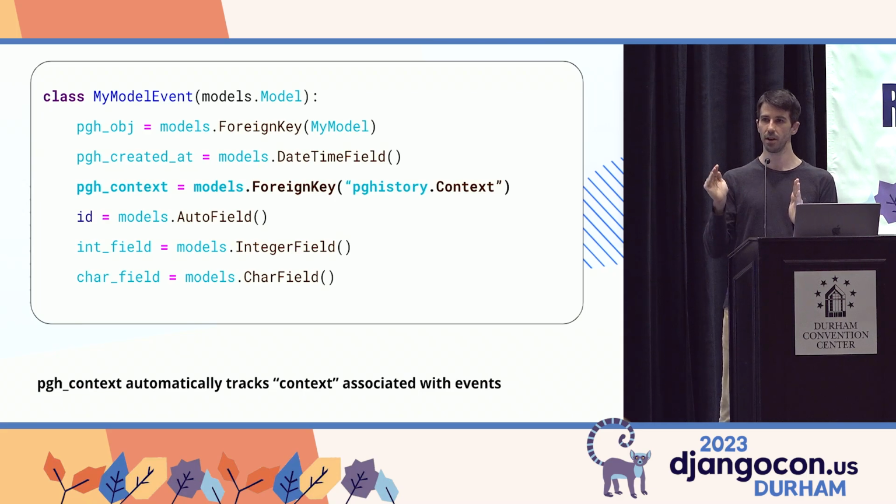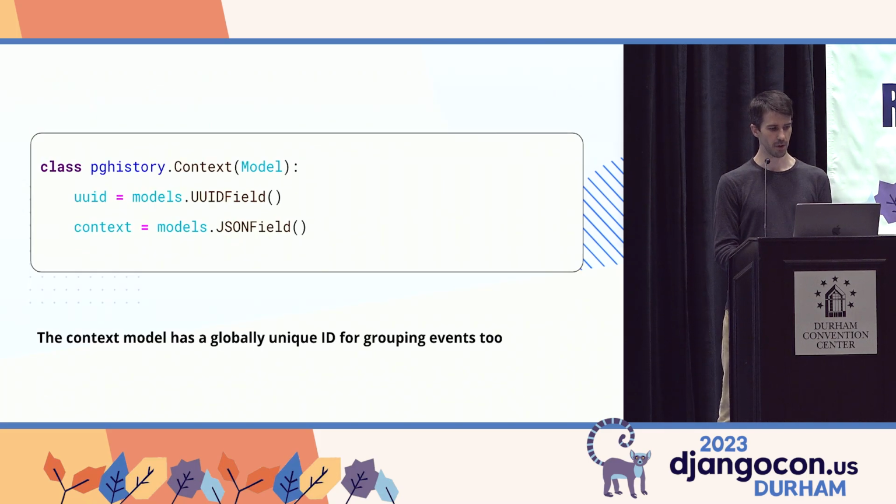So if you want to add free-form metadata to your events, you can. It also allows you to group a bunch of events together. I'll show what this means and how it can be valuable. Again, this is what the context model looks like in PG History. It's very simple: one UUID, just the global ID of the context, and then a free-form JSON field of key value pairs that you can associate with events.